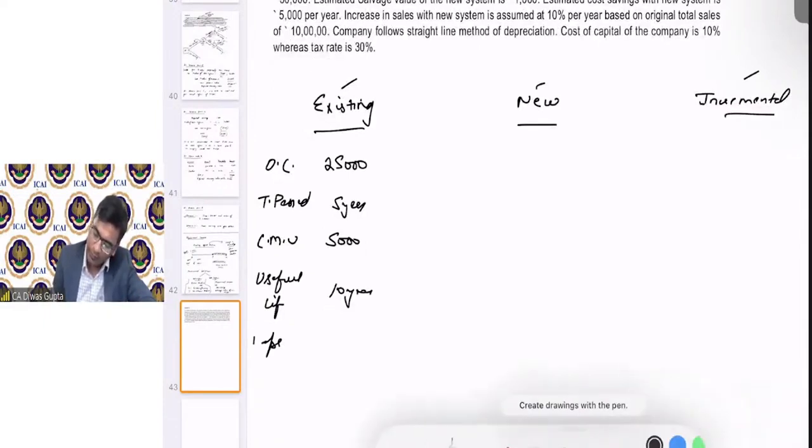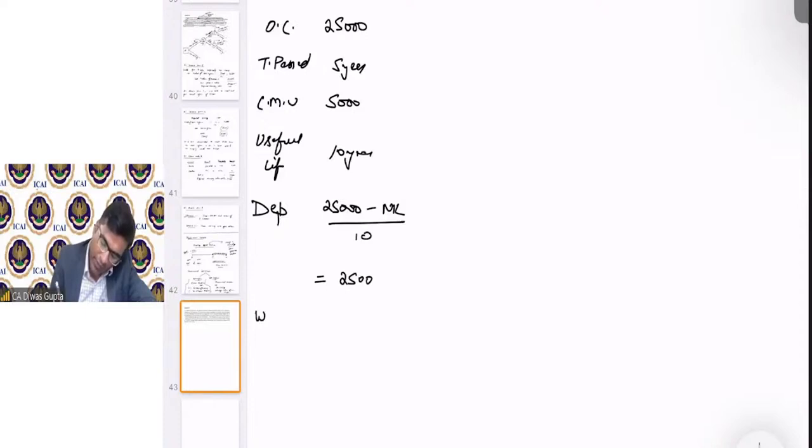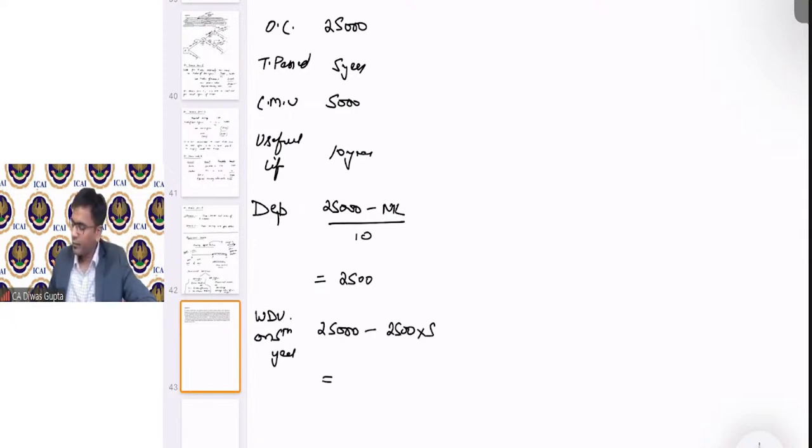Depreciation would have been 25,000 minus nil divided by 10, which is 2,500. And WDV on 5th year would be 25,000 minus 2,500 into 5, correct? 12,500. This is my WDV, right?